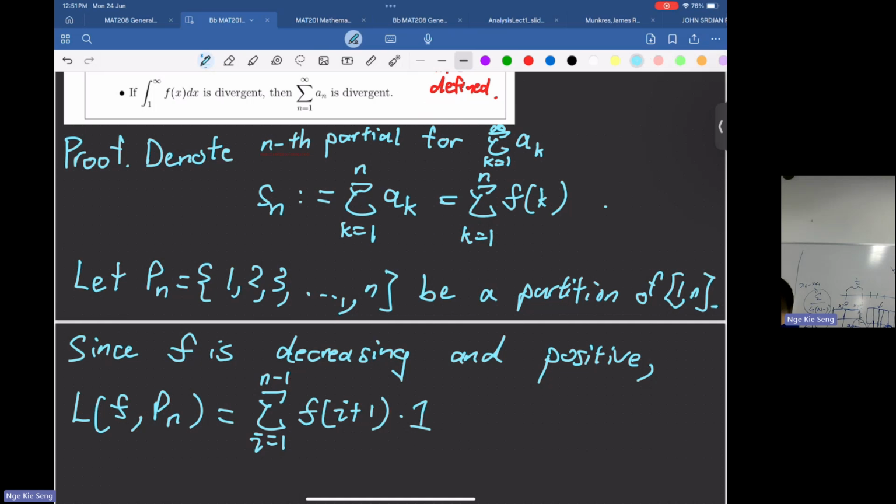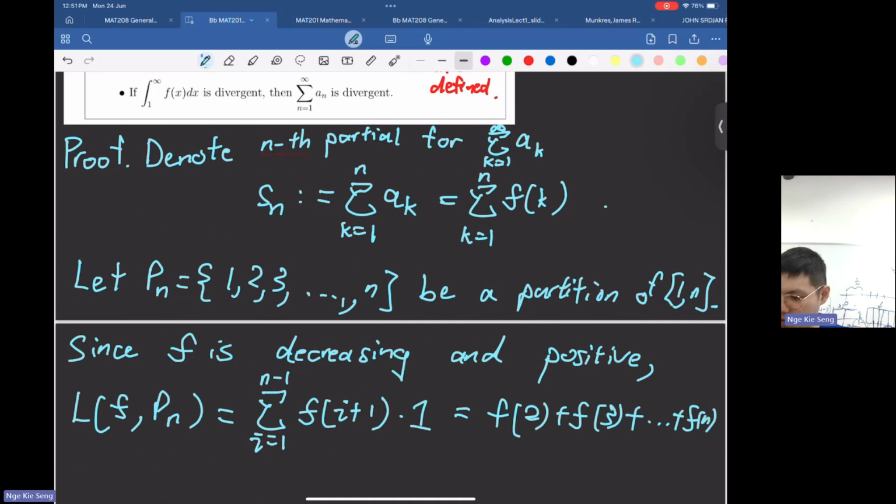Between i and i+1, we will take i+1. So in this case we'll get f_2 + f_3 + ... up to f_n.